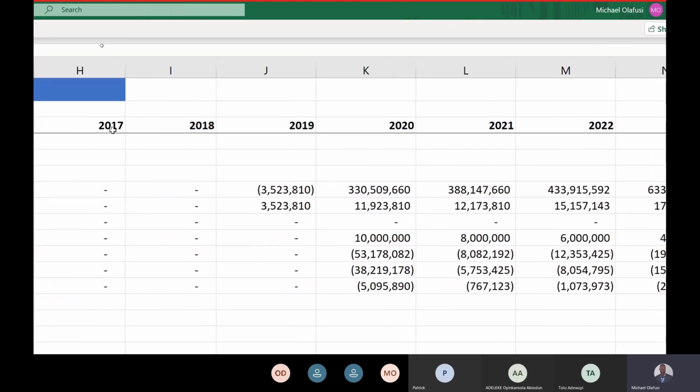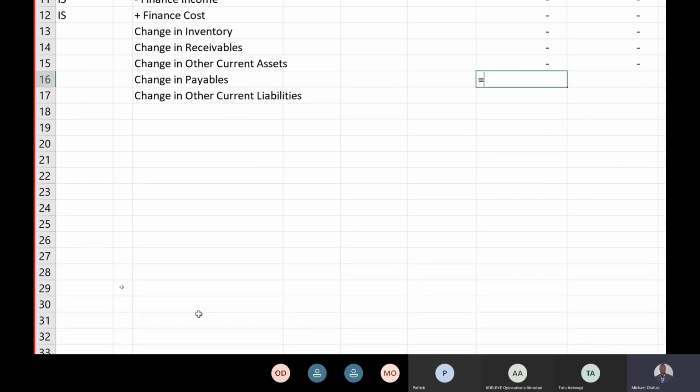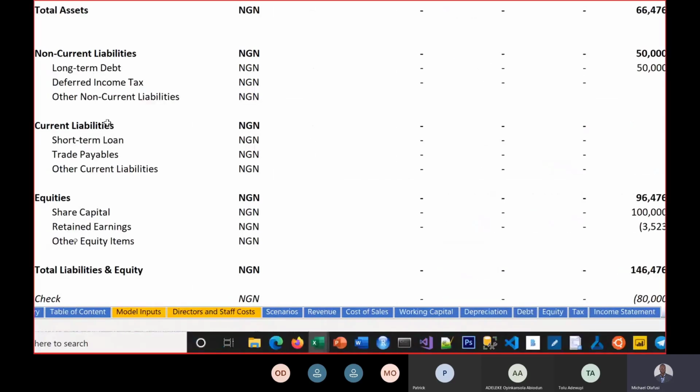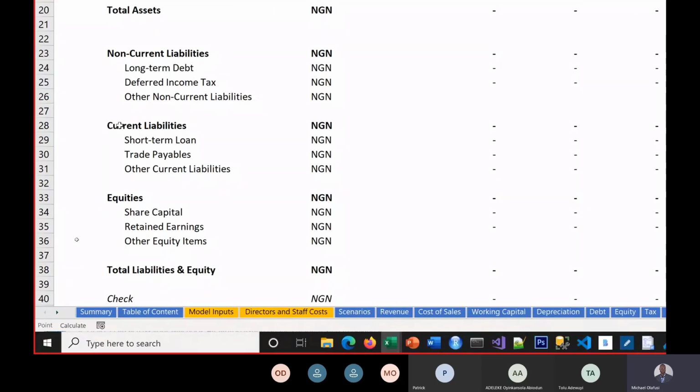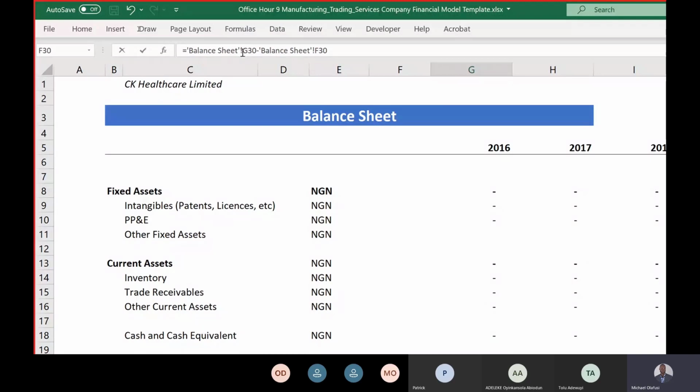Then we do for the liability side. And as I have told us, for liability side it is this year minus last year. So it's equal to this year. If I go into the balance sheet and I go to the liability side and we start with the payables, this year minus last year. So if you look at the formula, it is now G, which is this year, minus F, which is last year.